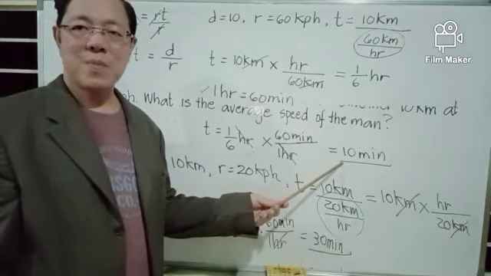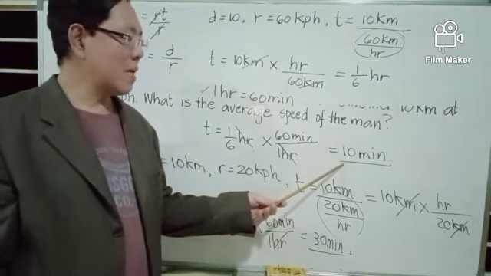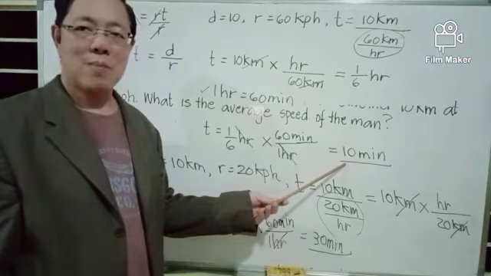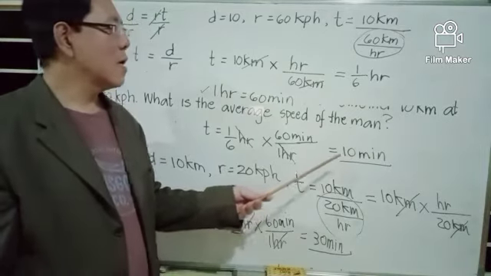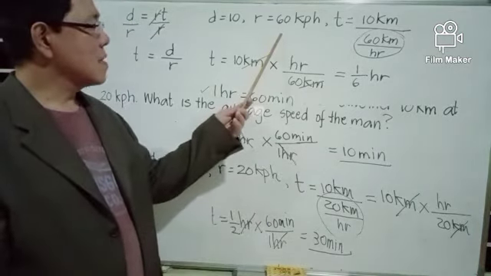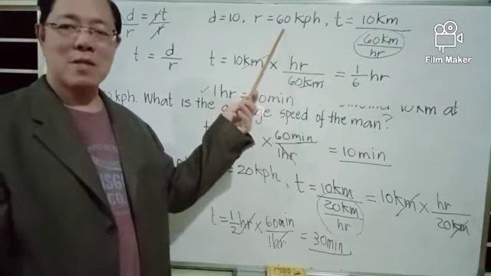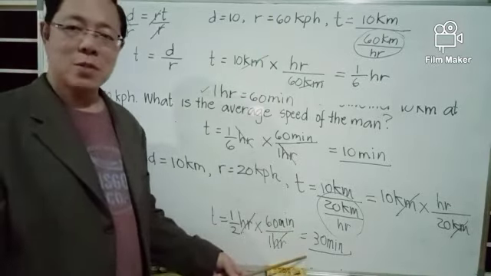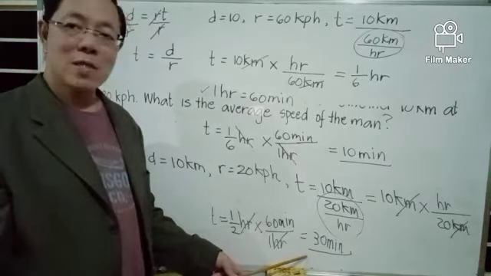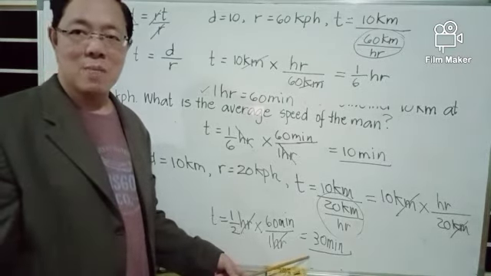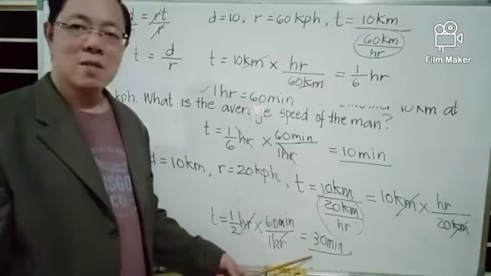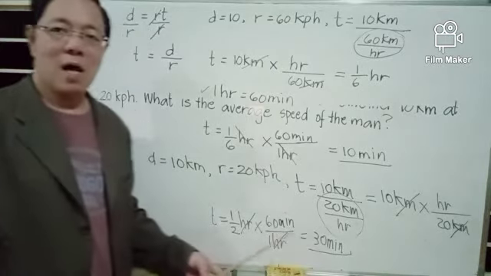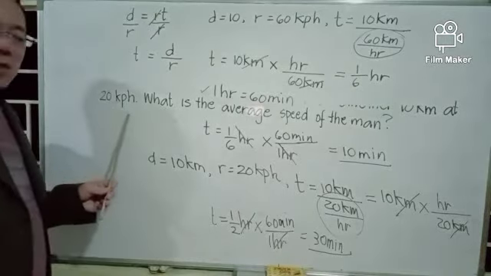For the first 10 kilometers of the trip, the man took 10 minutes at a faster speed of 60 kilometers per hour. For the second part of the trip, the man took a longer time, 30 minutes, for the same 10 kilometers because his speed was slower at 20 kilometers per hour.